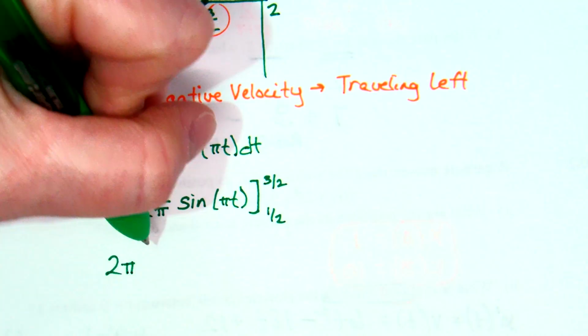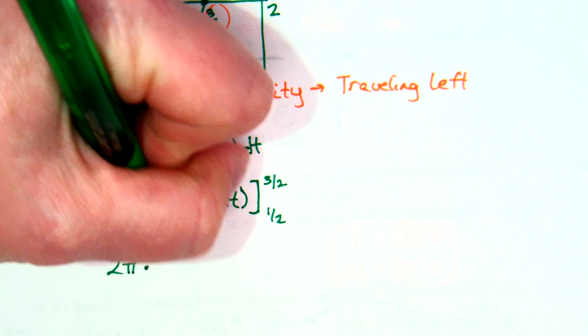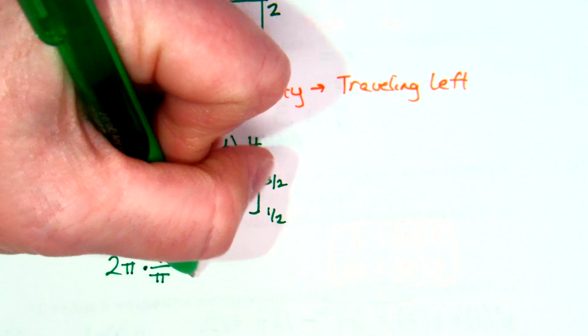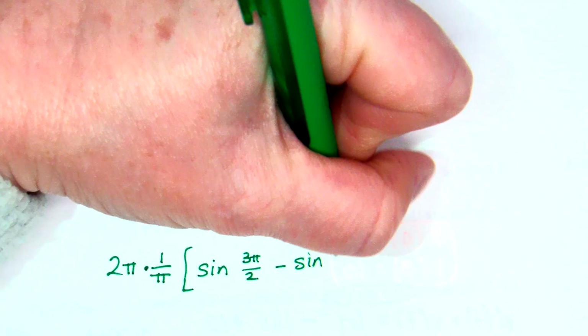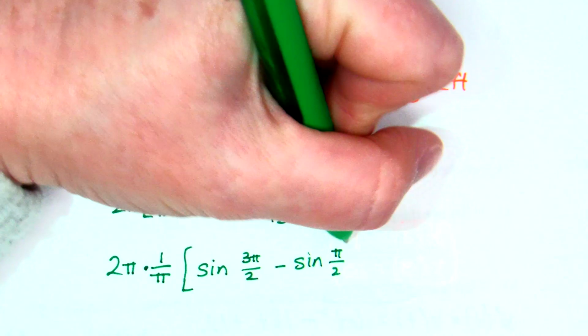Again, I'm keeping my 2 pi out front. Actually, I can also keep my 1 over pi out front, couldn't I? And then all you're really plugging in, so it's sine of 3 pi over 2 minus sine of 1 pi over 2.